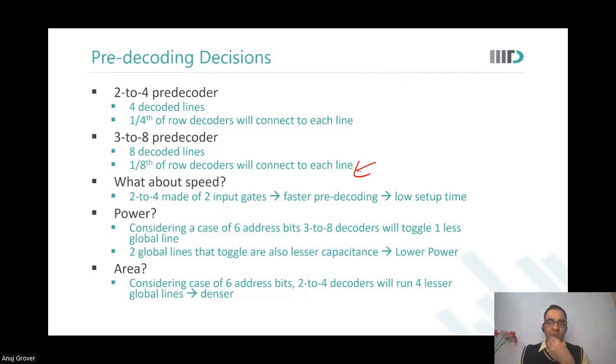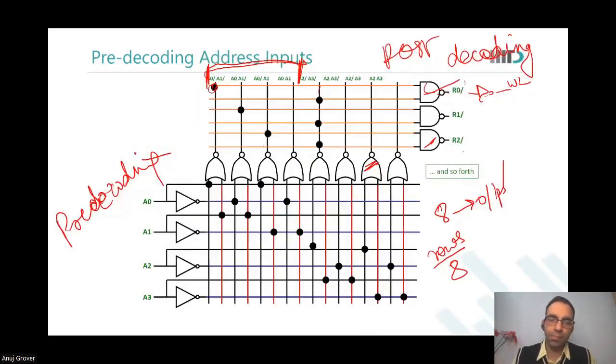Okay, sir. One more thing in the last slide, sir. I think there are three kinds of connection here in the fifth vertical line, the fifth NOR gate output. So would it create any problem in this architecture, sir?